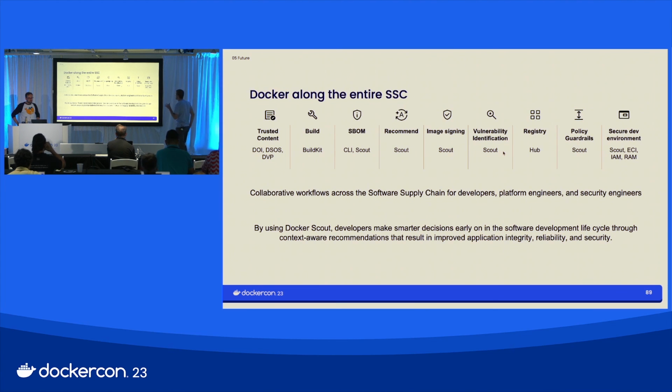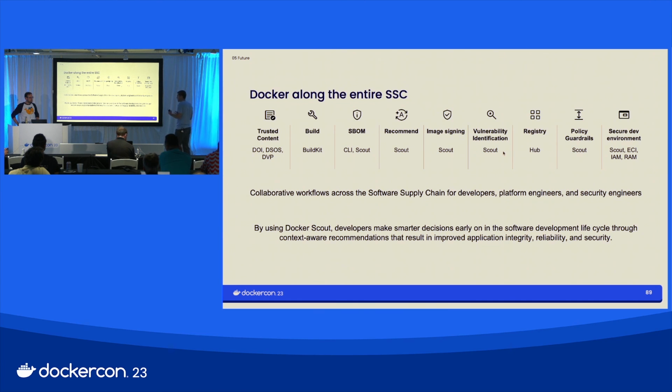So what we've been learning about, what we've been talking about, is how Docker, with the addition of Scout, exists and provides value to you across your entire software supply chain. Starting with trusted content, or Docker official images, Docker-sponsored open source, Docker-verified publisher images, right?